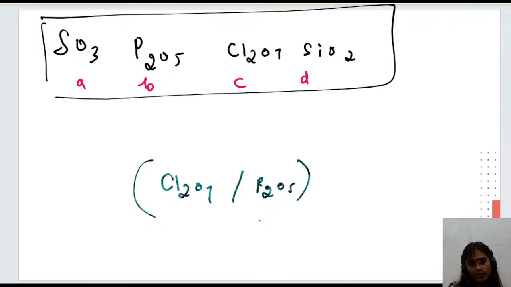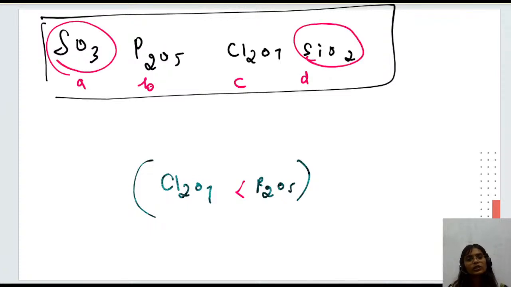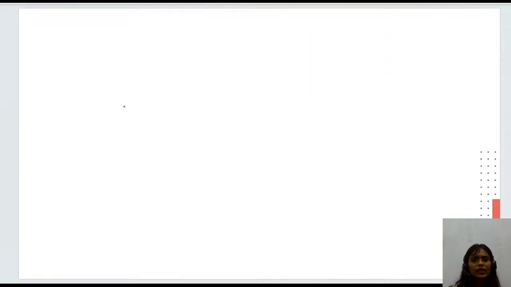So in this case, this is the maximum over the Cl2O7. But still, how are you comparing between this and this, because both normally have zero dipole moment. So according to me, let's just suppose if you are comparing, SO3 is one of the famous ones, it's a trigonal planar geometry.